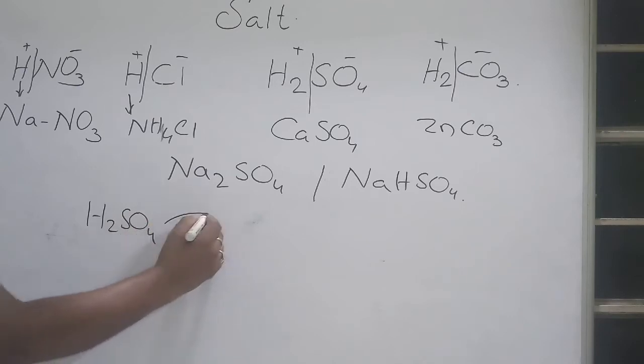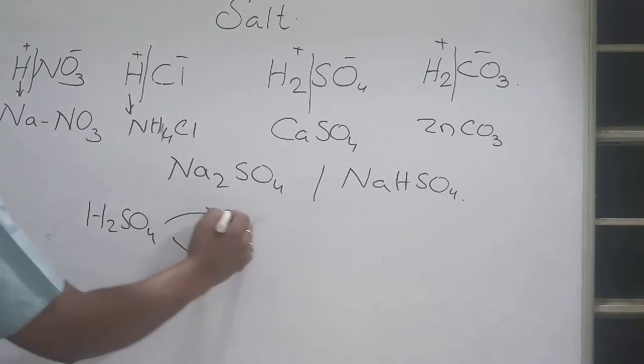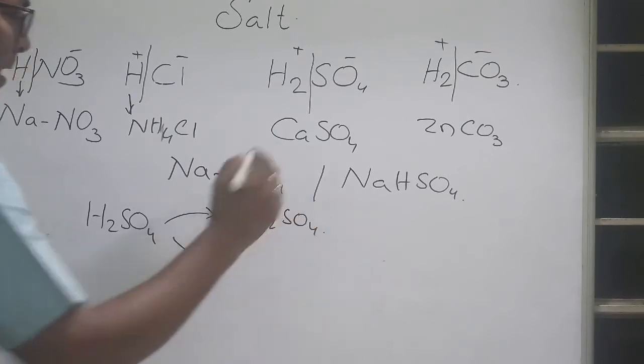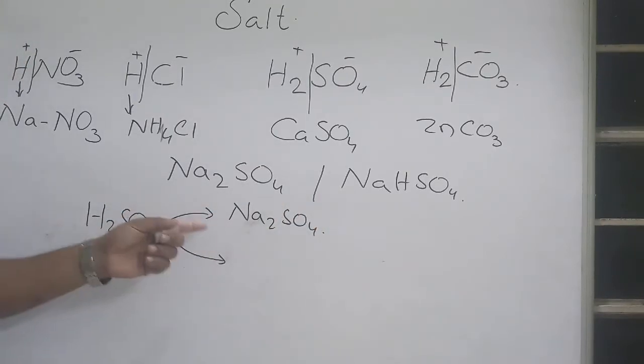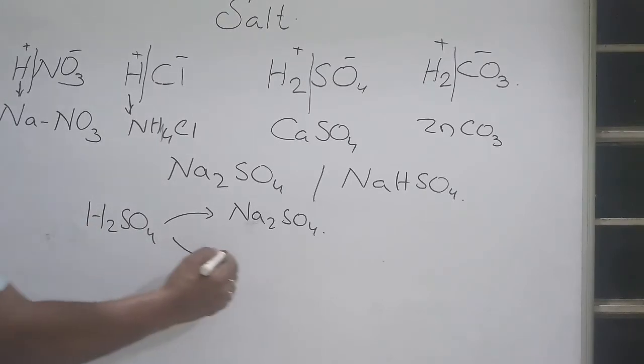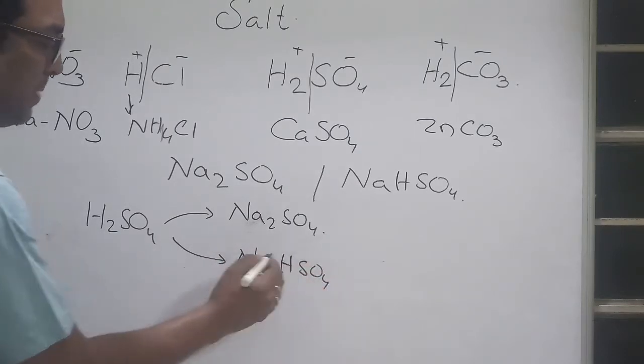Here in this case I have two options. One is complete replacement of the hydrogen atoms. If I completely replace them, it becomes a salt which we call a normal salt. And if only one hydrogen is replaced, it still becomes a salt.